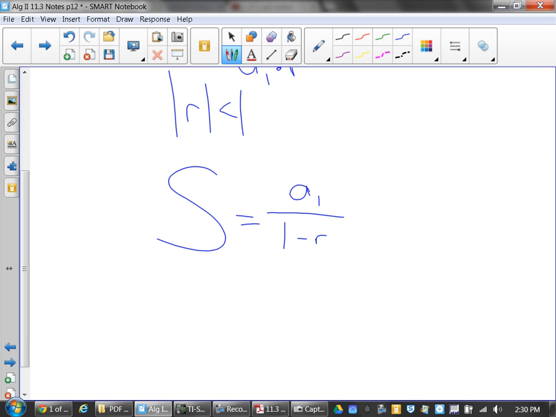That's it. This is how you find the sum of an infinite series where the absolute value of r has to be less than 1. That's the only rule. If that r value happens to be 2, you can't do it.